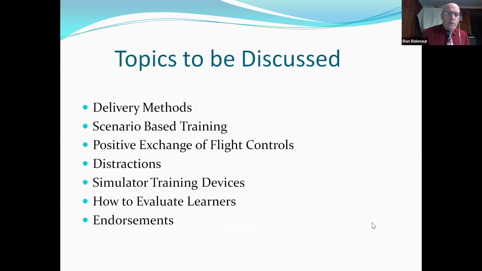Topics today from Chapter 9 will be methods of delivery, scenario-based training. Very important topic to discuss, and I'll try to include some scenarios during the training session tonight. Positive exchange of flight controls, distractions, the use of distractions either by the examiner or the flight instructor.